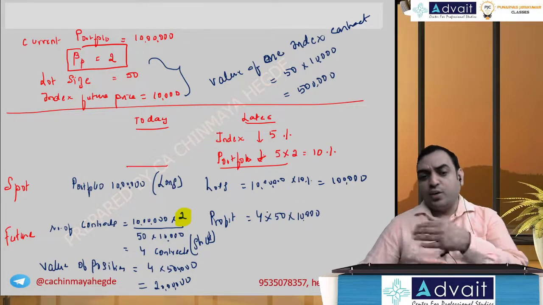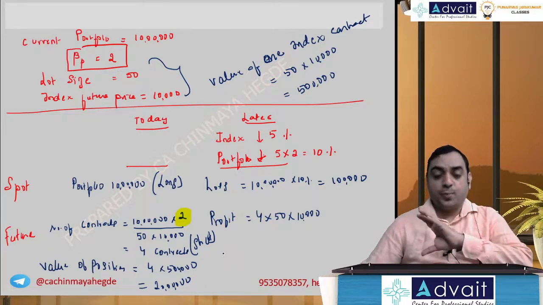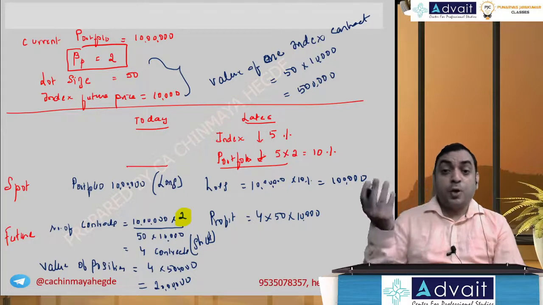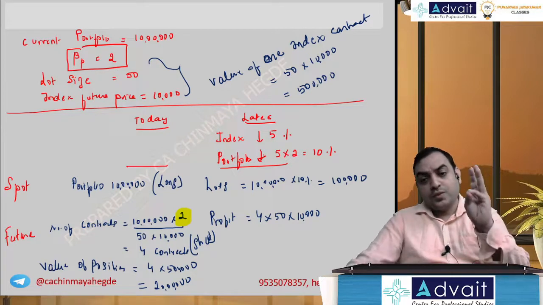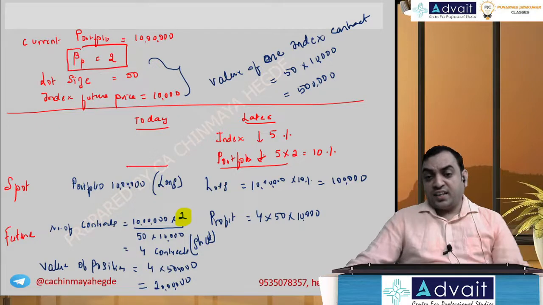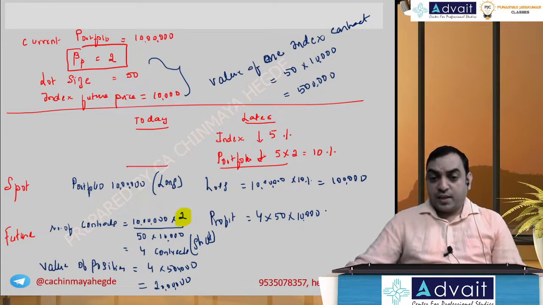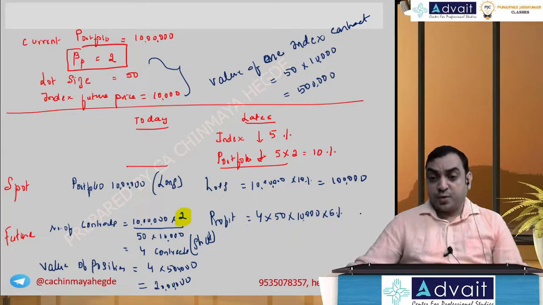I know you can directly do 20 lakh, but I would recommend you write it separately. Why? Because in some other problem, a round-off issue may be there. That's why follow this process. Number of contracts, 4. Each contract containing 50 units, each unit worth 10,000, multiplied by the change of 5%. And it's going to be profit because in a short position, price falling is profit, which is 1 lakh.